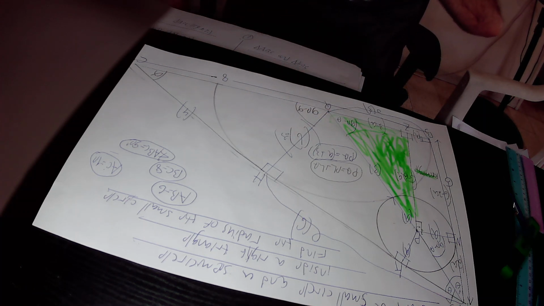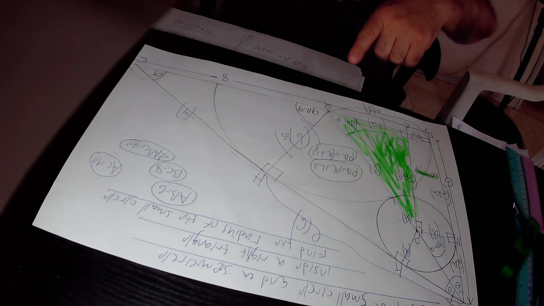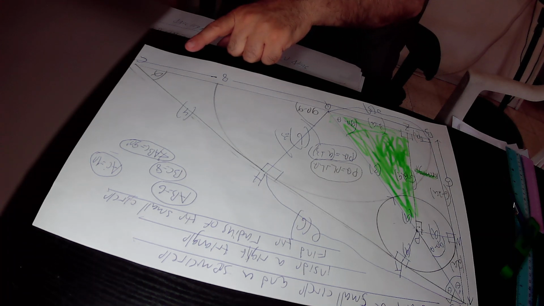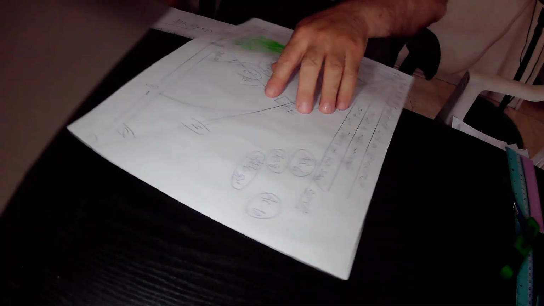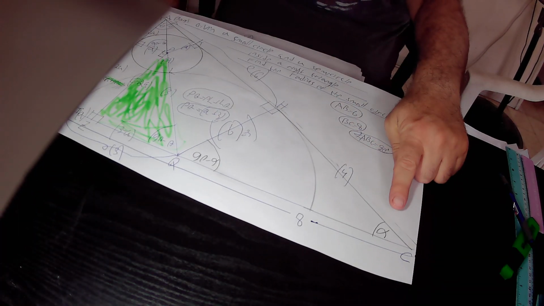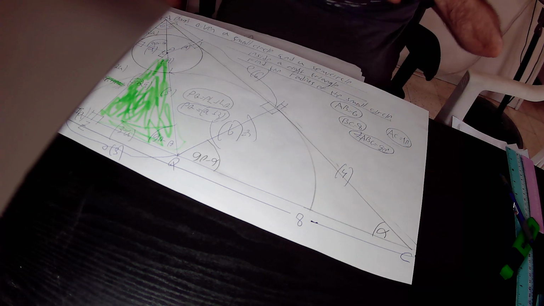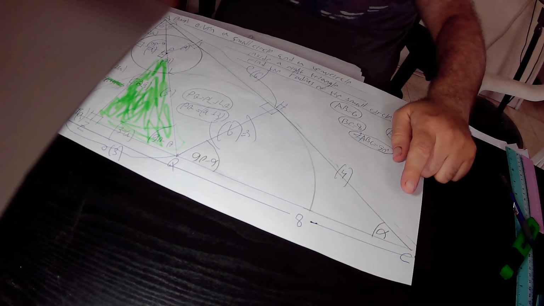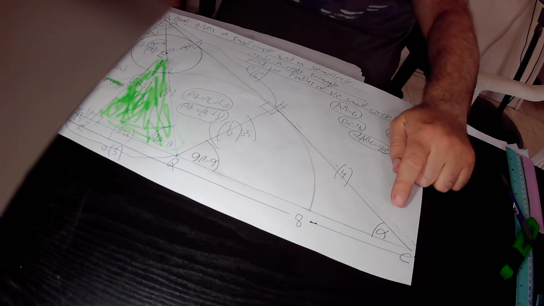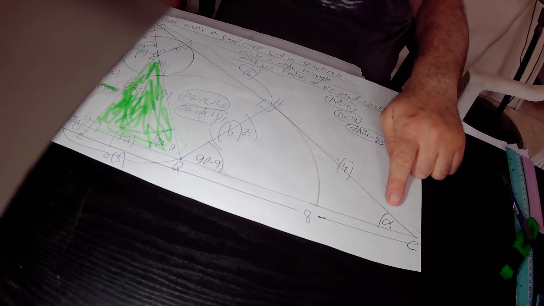In the right triangle QHC, we have this angle C, which is a common angle that also belongs to the right big triangle ABC. We define the size of this angle C as alpha.